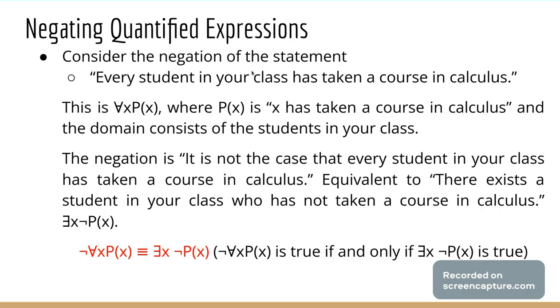P(x) is "x has taken a course in calculus" and the domain is all students in the class. So the statement becomes "for all x P(x)". The negation of this is: not all students have taken a course in calculus, or we can say there exists at least one student who has not taken a course in calculus. So the statement becomes "there exists x, not P(x)". So you see, "for all x P(x)" negated is "there exists x, not P(x)".